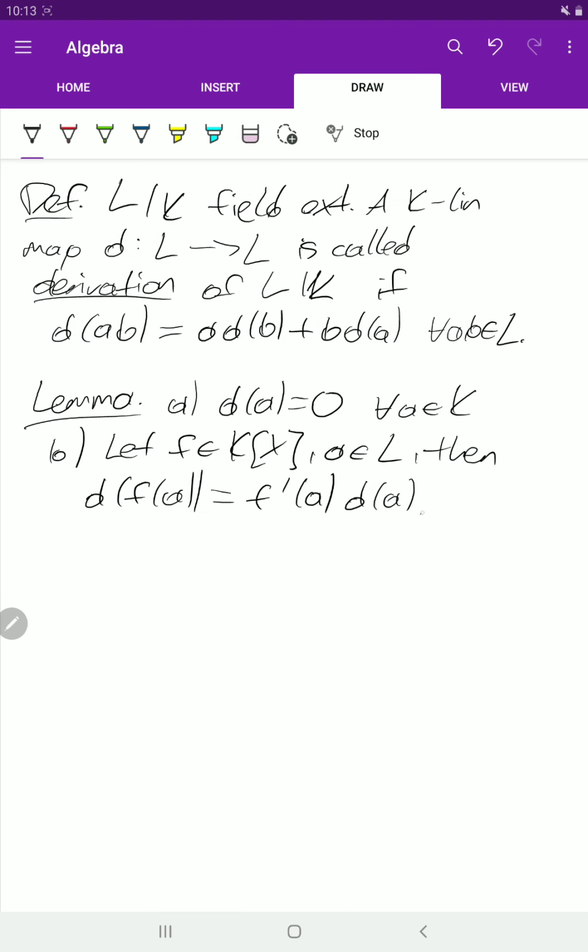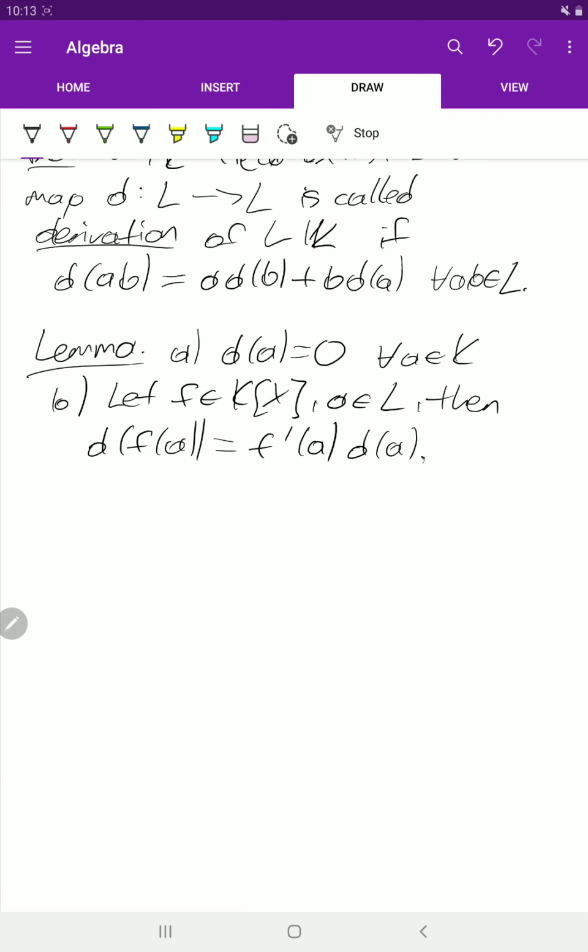So maybe let me first give you a short reminder of the formal derivative. Let's say, maybe not f, maybe let's write it out.